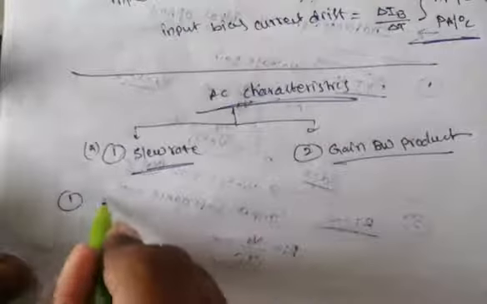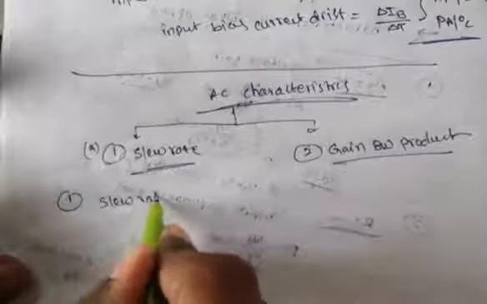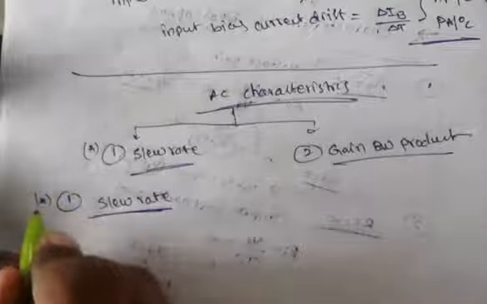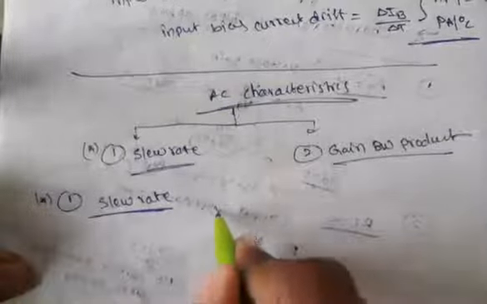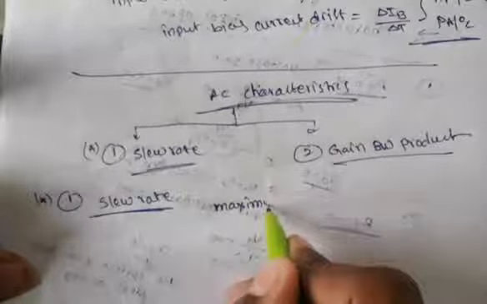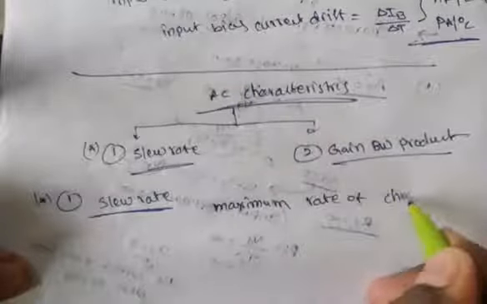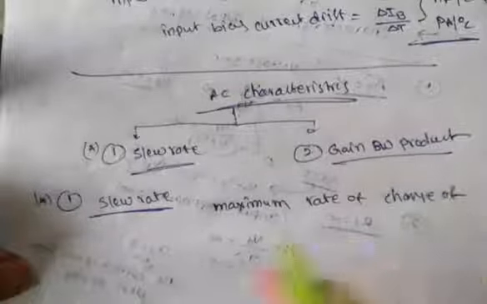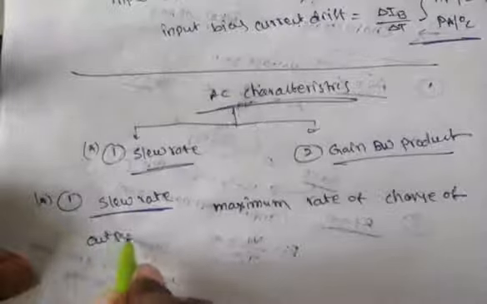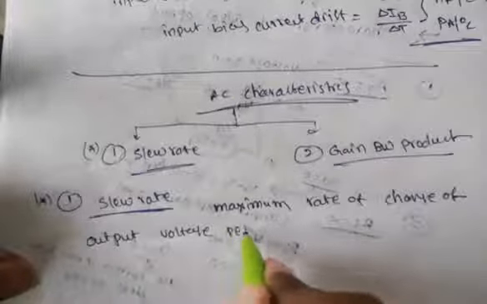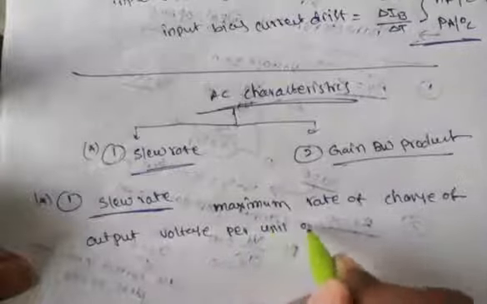What is slew rate? Slew rate is defined as the maximum rate of change of output voltage per unit of time.